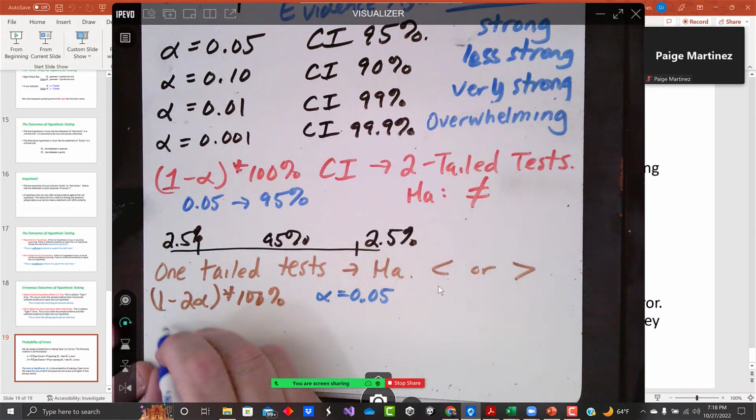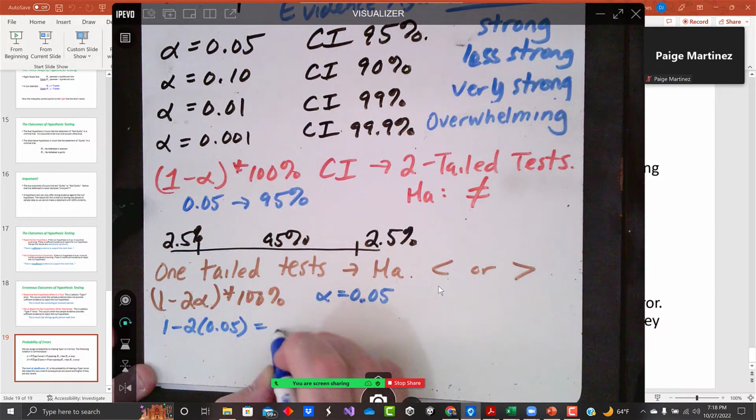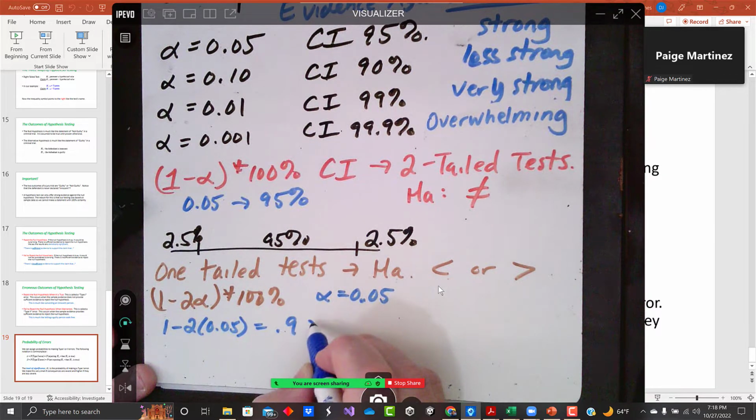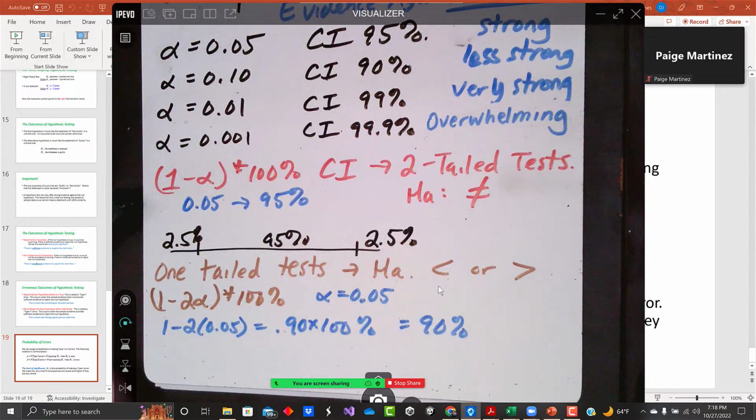If I plug that in, I have 1 minus 2 times that. I end up getting 0.9. 0.90 times 100% is 90%. So here we have our confidence interval.